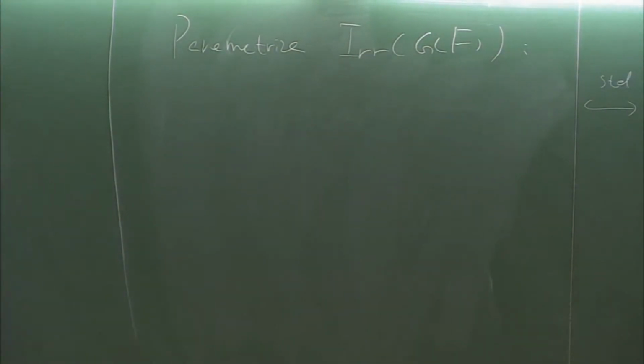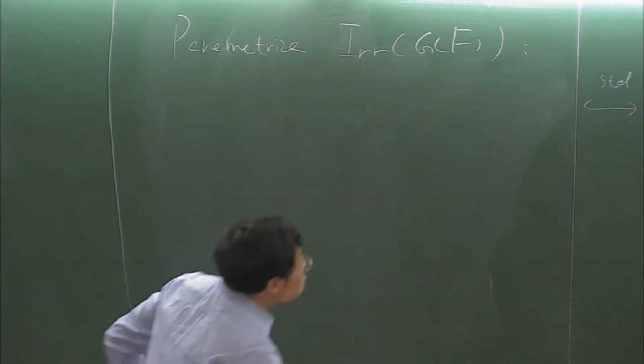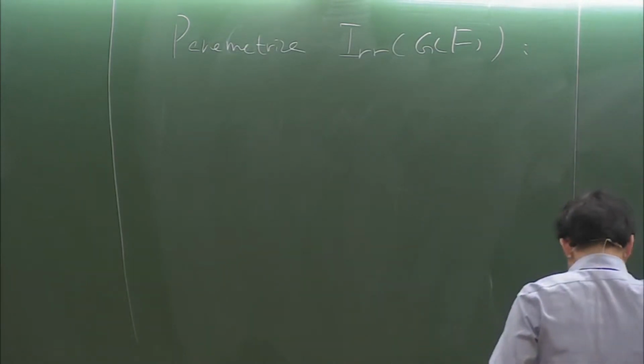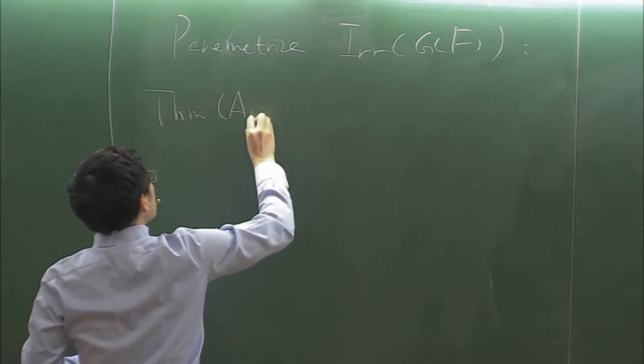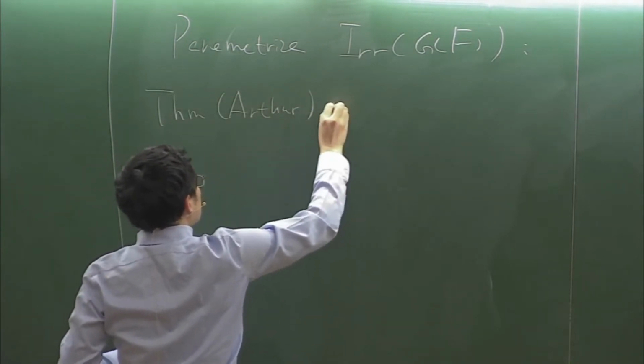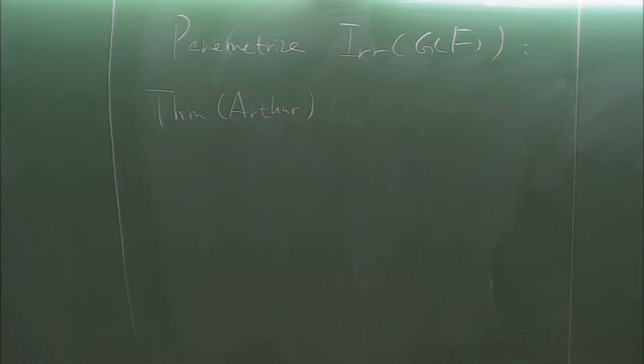Okay? And the parameterization is given by the Langlands correspondence. Okay? And in this case, the Langlands correspondence is due to Arthur.